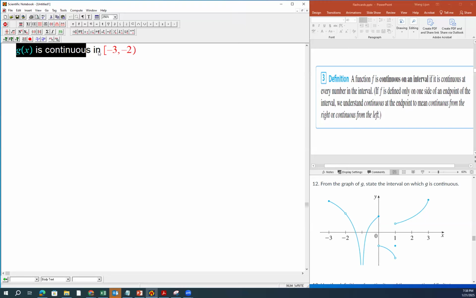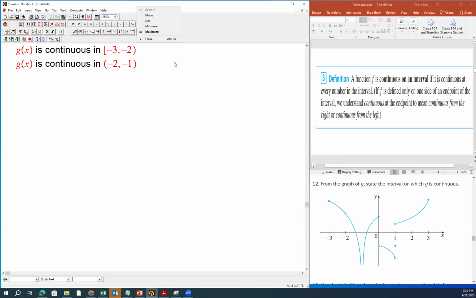And we continue, we look at these intervals, right? From -2 to -1. At -1, the function is undefined. So that continuity is going to be from -2 to -1, both sides open.